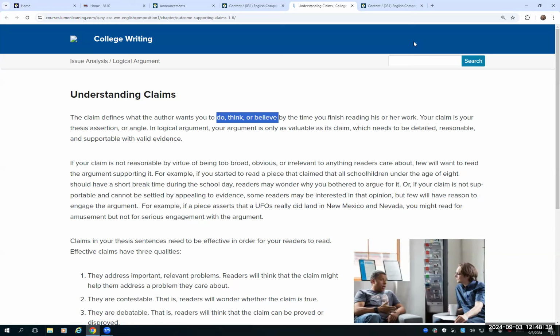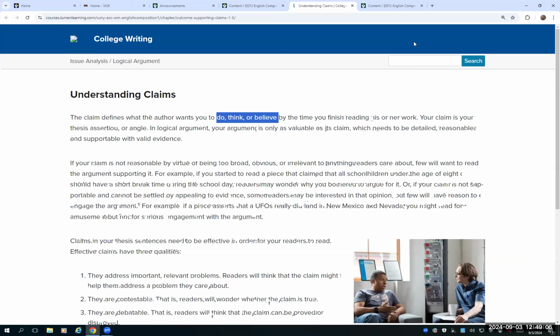So what a claim is, again, it's when you're reading something and you're looking to identify an author's claim. The claim is what the author wants you to do after you've read their article, or what the author wants you to think after you've read their article, or what the author wants you to believe after you've read their article.